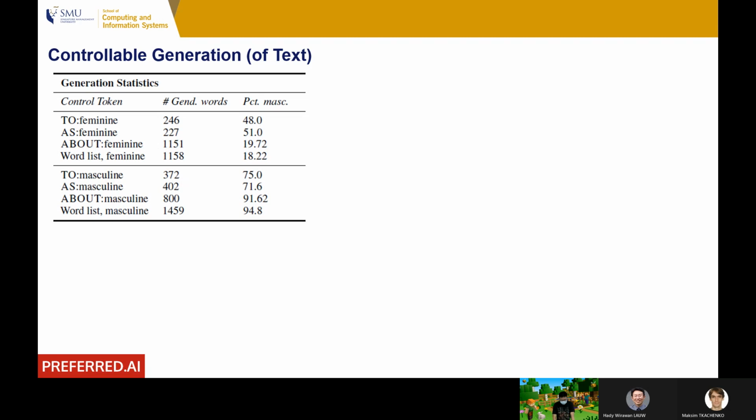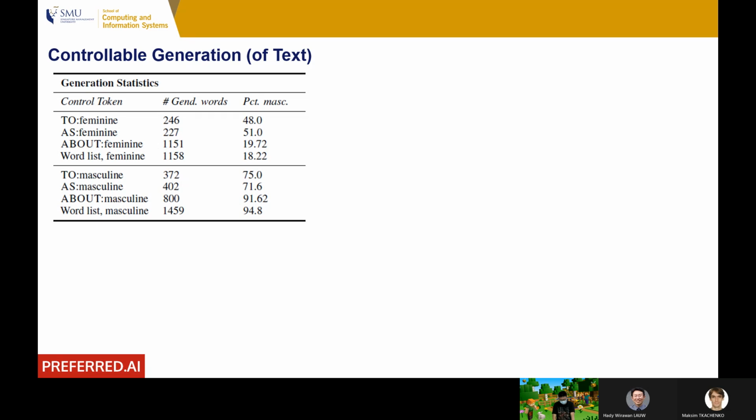Oh yeah, and basically after the training, they use the control token to control what's generated at the end. So this is the percentage of gendered words in the output that is masculine.